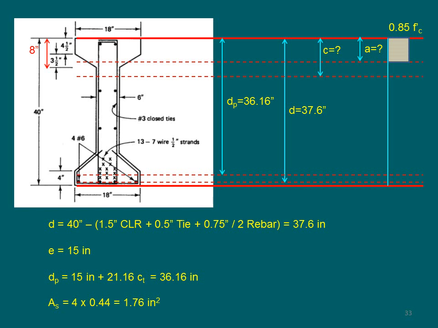Eccentricity is given as 15 inches. Eccentricity means the location of the pre-stress strands from the CG, the centroid or center of gravity of the concrete section. dP is going to be equal to this 15 inches plus the distance from the centroid to the top of the beam. Just imagine the centroid is going to be close to the mid-height of the concrete beam depth. To be exact, it's located at 21.16 inches from the top.